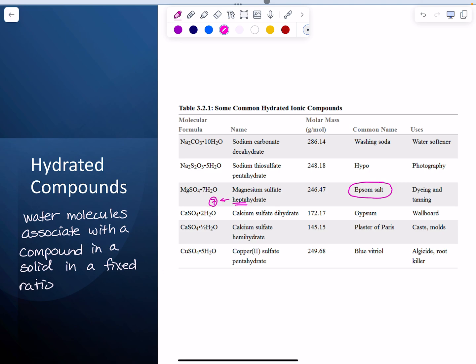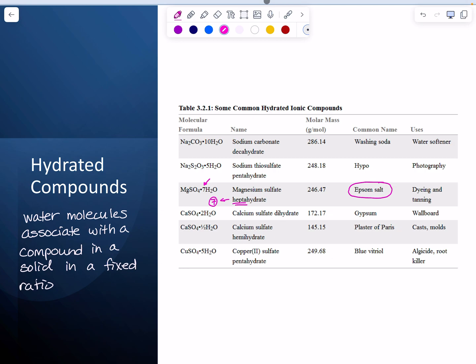And so what that means is that in Epsom salts, you've got magnesium sulfate molecules, and in the solid form, each one of those molecules has 7 waters attached to it. They're not covalently bound. They just hang out due to the general attractive forces between molecules.